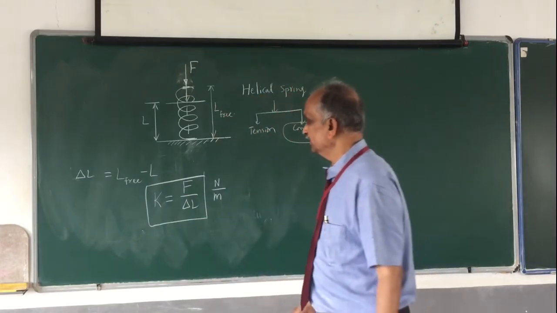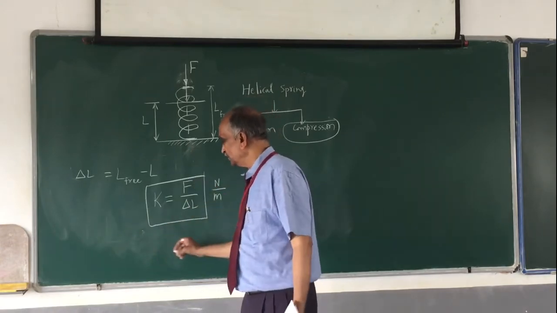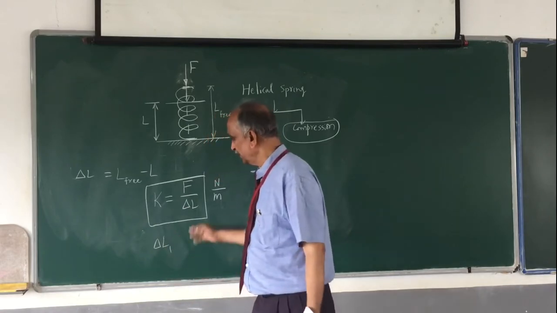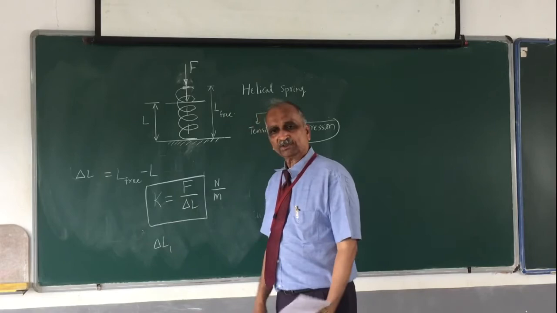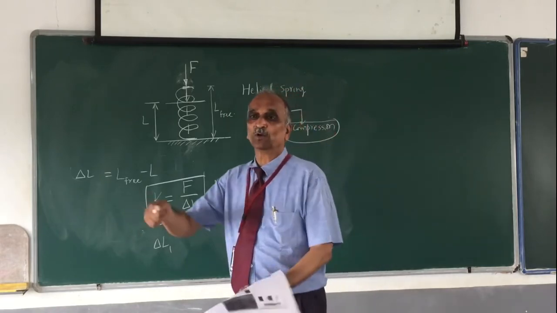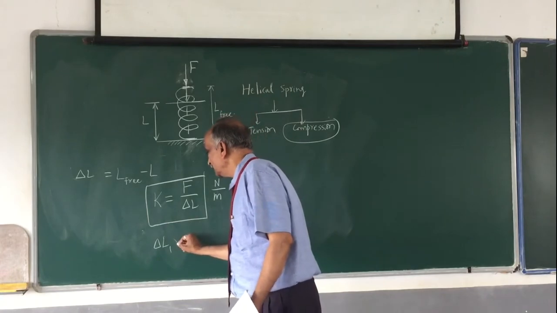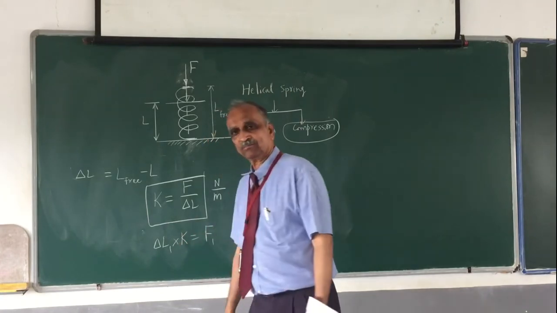And therefore, if I have some other deflection, say delta L1, then how much force do I require? I can easily calculate: delta L1 multiplied by K is equal to F1.